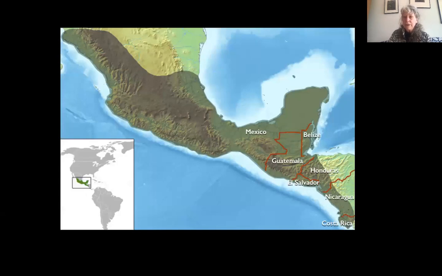Okay, but the interesting thing is that when we think about North America now, here's North America, Tennessee's right here, and here's the Rio Grande River, and we think of Mesoamerica, that is Mexico, Honduras, Belize, Guatemala, El Salvador, Nicaragua, and Costa Rica, as being sort of separate.